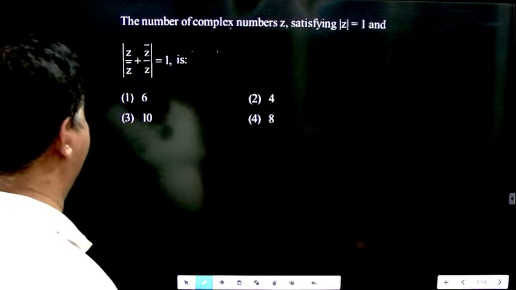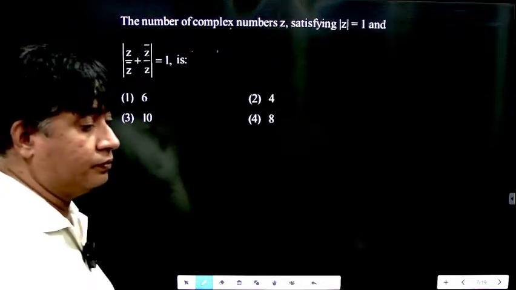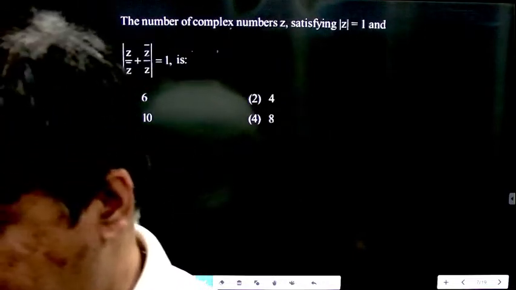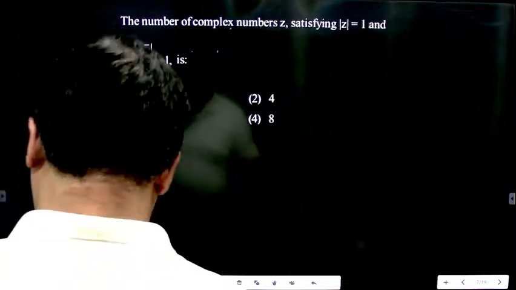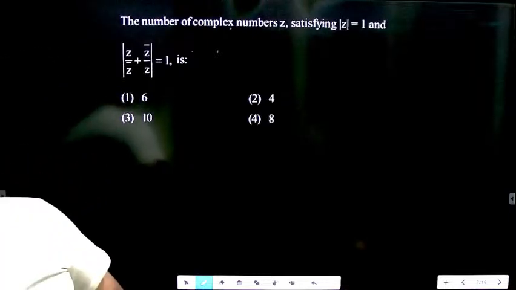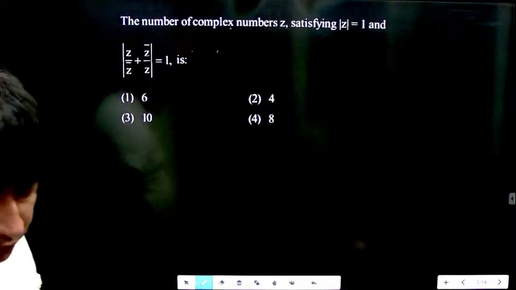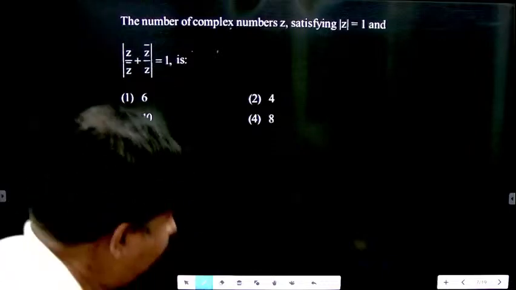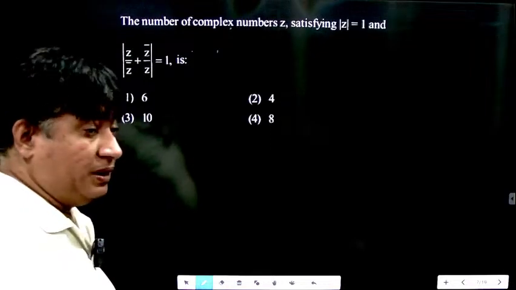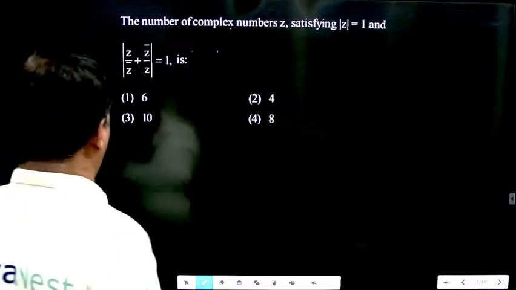Okay. Any progress? I will help. Option 4, sir, 8. Option 4. Okay, let me check. And you also see whether your method and my method are matching or not.